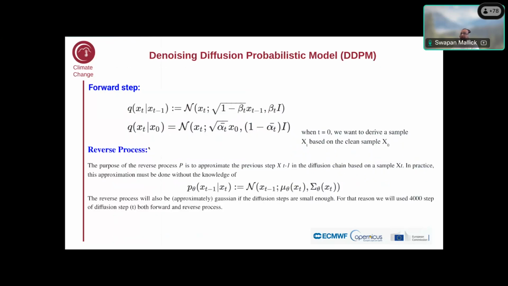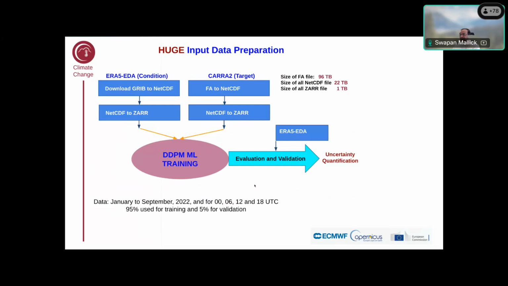Here it shows how the forward process works in the denoising diffusion system, and the reverse process calculates the distribution of the data from the previous step. And this is the flowchart of the data we use.